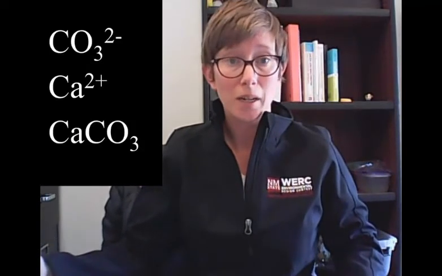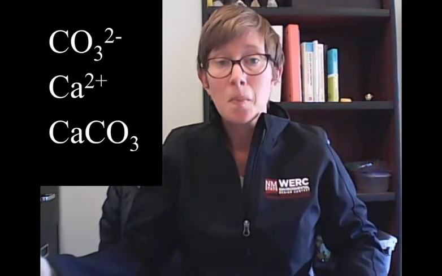Here are some examples. You can see CO3 2-, which is carbonate, Ca2+, which is calcium, and then the ionic compound formed by the two, which is calcium carbonate. If we look at carbonate, we see that it has a charge of -2. It would react with 2 hydrogen ions, so it's 2 equivalents per mole.